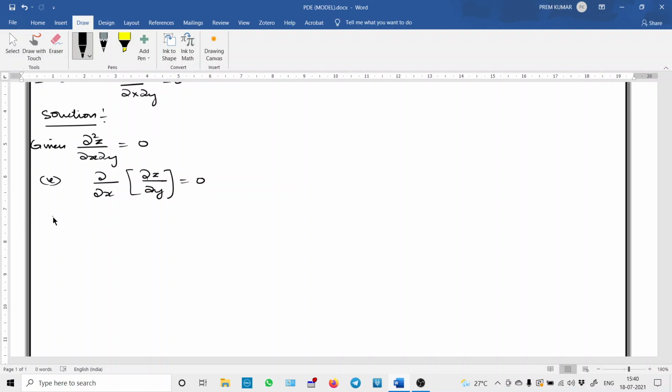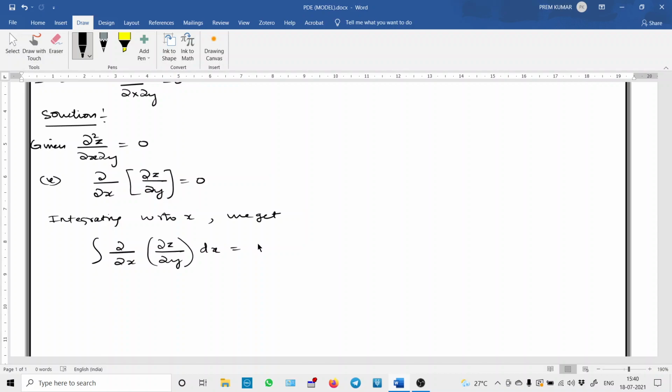Now what we are going to do is integrate with respect to x. See, we are going to do the integration with respect to x. ∂/∂x of ∂z/∂y is the integrand, and x is the integrating operator.